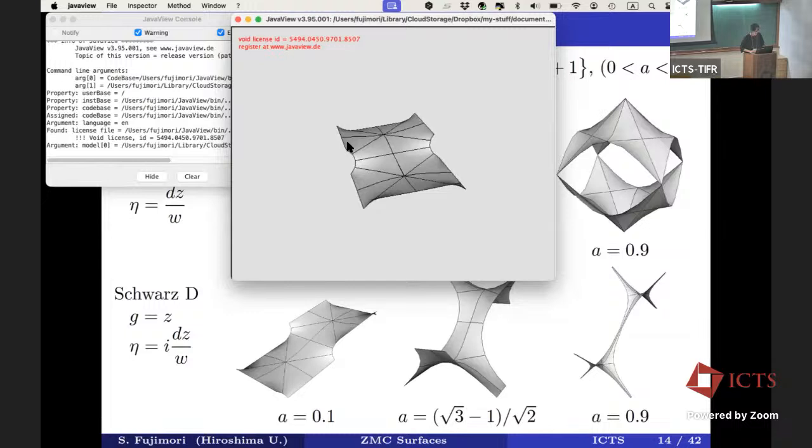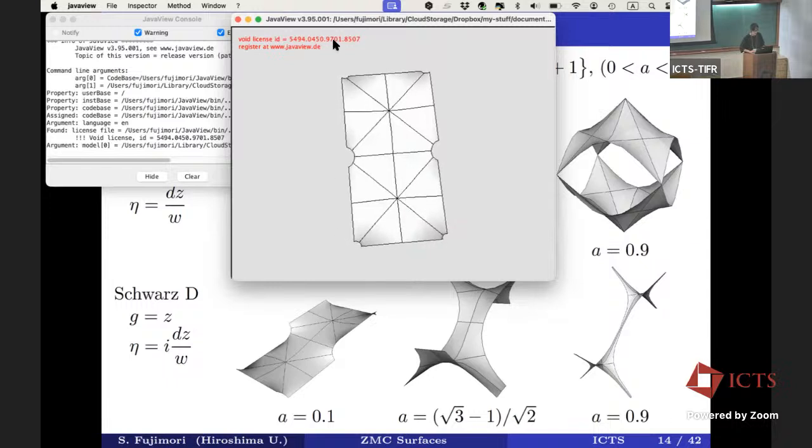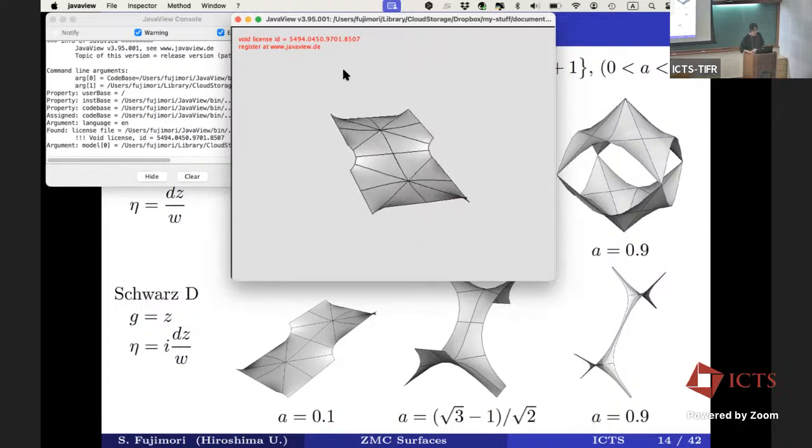And here is a fold singularity, and these are also fold singularities.